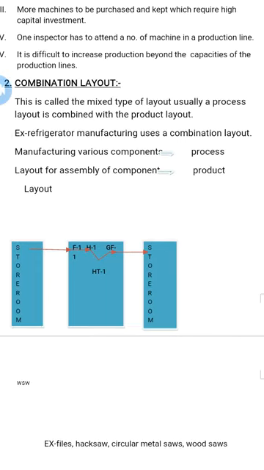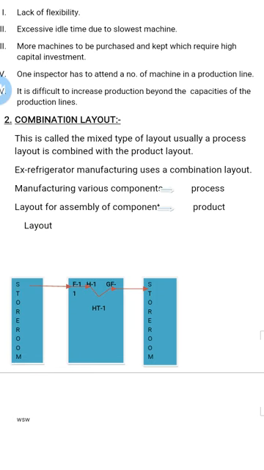So we have discussed different principles of layout as well as different types of layout. Based on the production type, as we have already discussed, for mass production we must choose product layout.